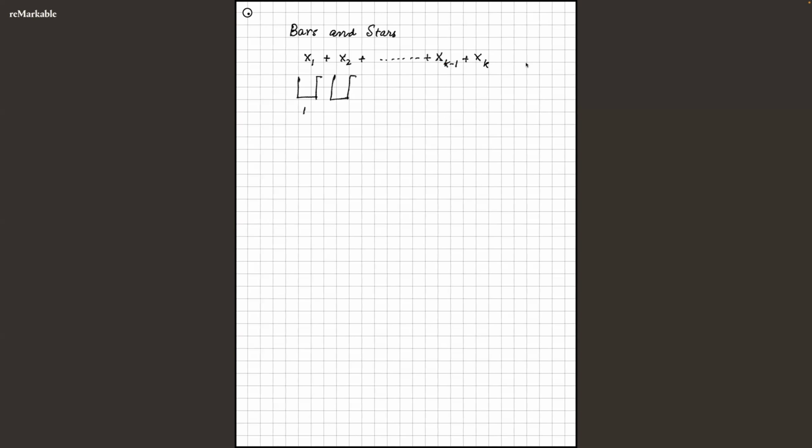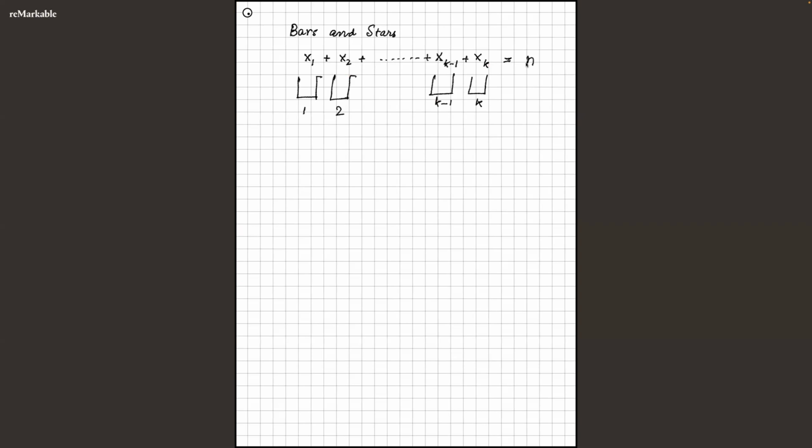This is box number 1, this is box number 2, and box number 3, sorry, box number k minus 1, and the last box, box k. Now we have some fruits being put into the boxes, and we want all of the boxes, if the fruits inside them are counted, to add up to a certain value of n.